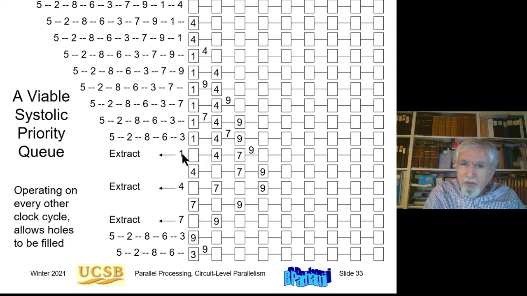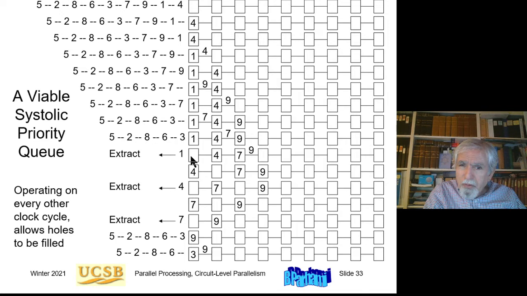Suddenly we decide to extract. Instead of admitting the next number, we stop the flow of incoming numbers and extract this one. So we look here, extract it. Now this cell is empty. During the idle cycle after this, because on every other cycle we don't do anything, we just allow the array to reorganize itself: any cell that notices an empty cell to its left will shift its value into that cell.